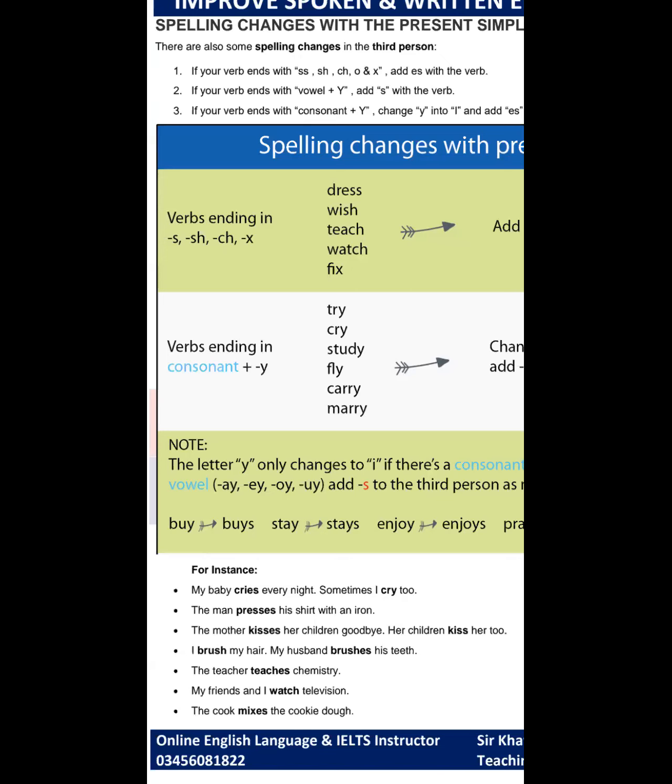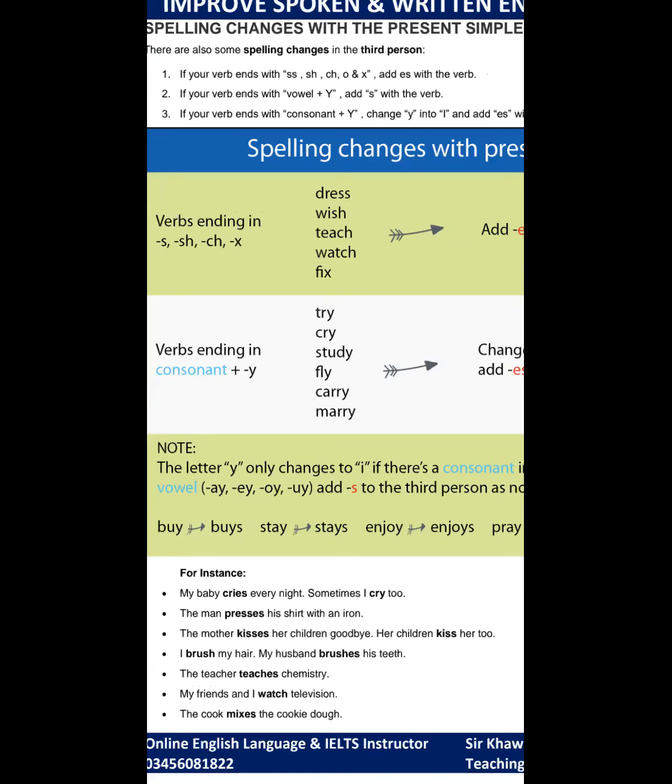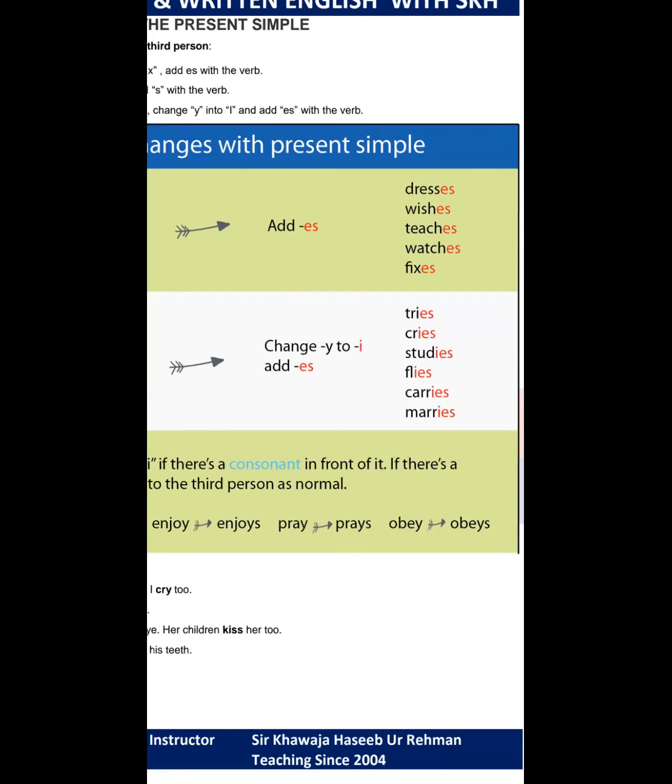Note, the letter Y only changes into I if there is a consonant. With vowels, AY, EE, OU, we add S in the third person as normal, like buy to buys, stay to stays, enjoy to enjoys, okay? Pray to prays, obey to obeys, okay?